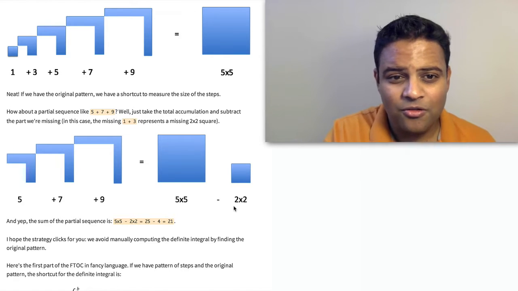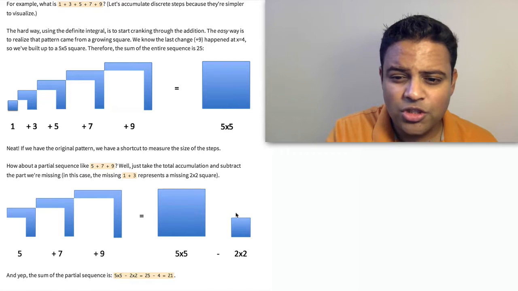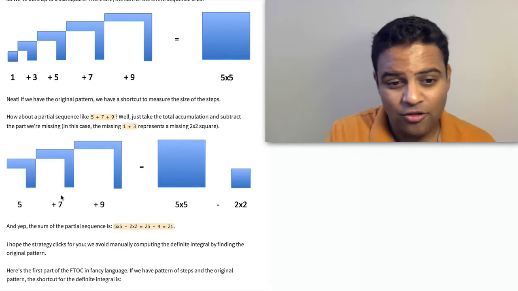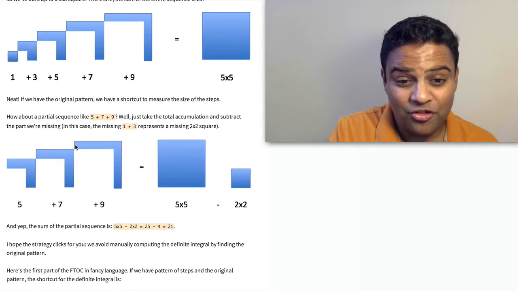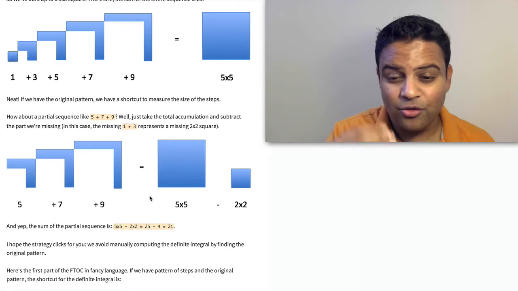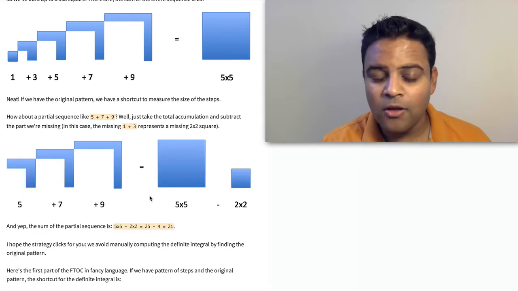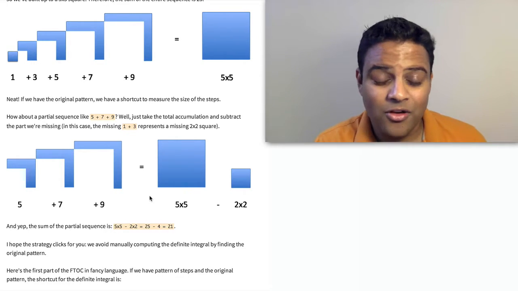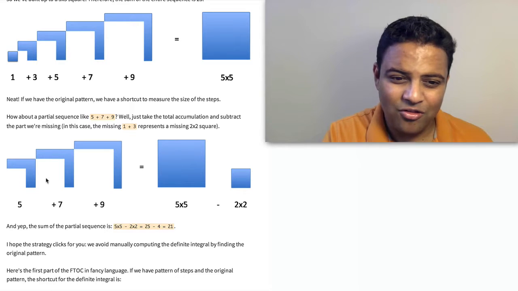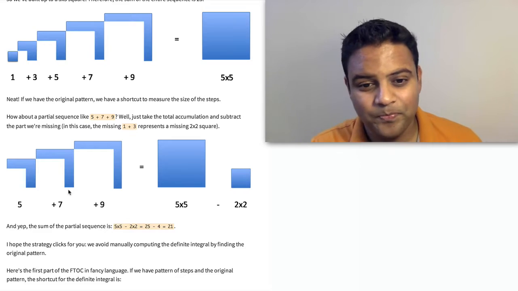So the idea here is that you can use the original shape to make it a lot easier to compute these definite integrals, because a definite integral is just trying to manually glue together the shapes, and the indefinite integral is the original shape, right? Where did it come from? So one element of the fundamental theorem of calculus is that we can actually use the original shapes to make this gnarly computation a lot easier.